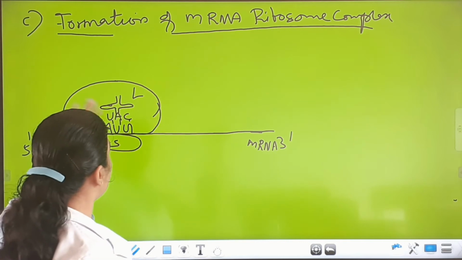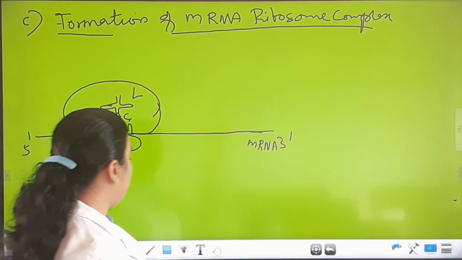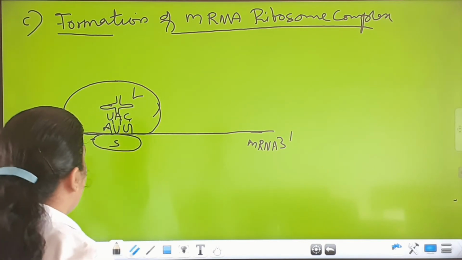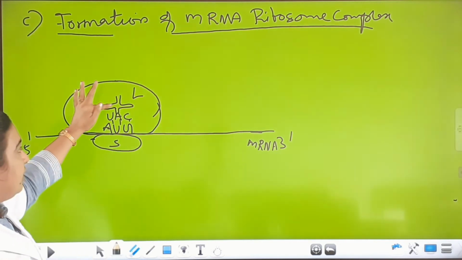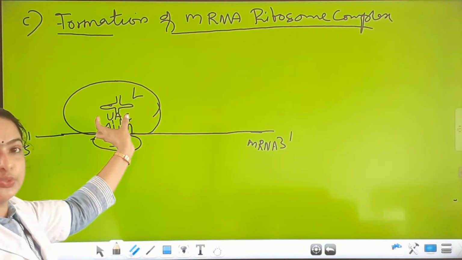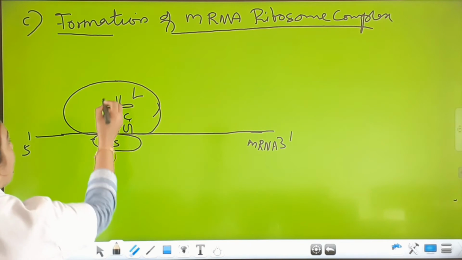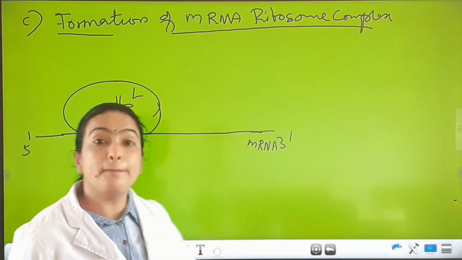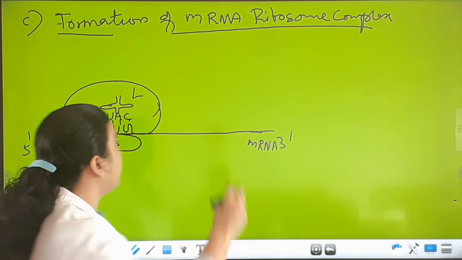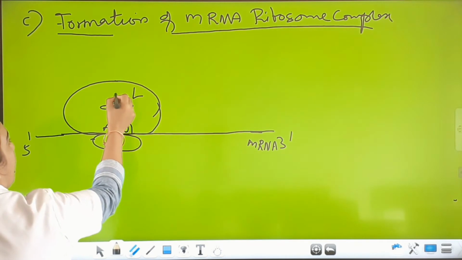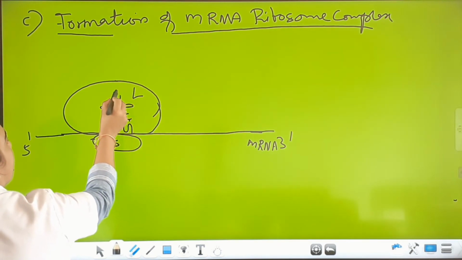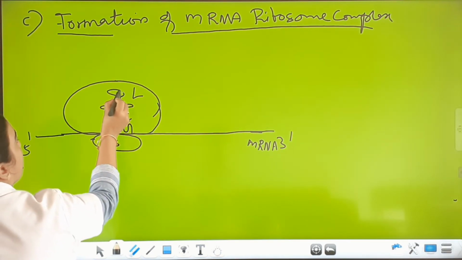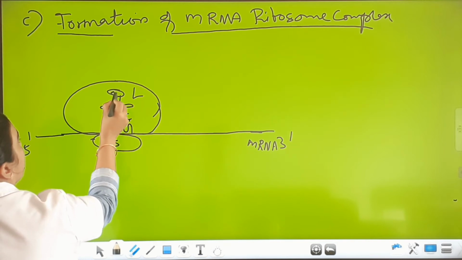Here this ribosome catalyzes the peptide bond formation. Actually, this tRNA with anticodon UAC carries which amino acid? Methionine. So here at the amino acid receiving site of the tRNA, there is one amino acid.